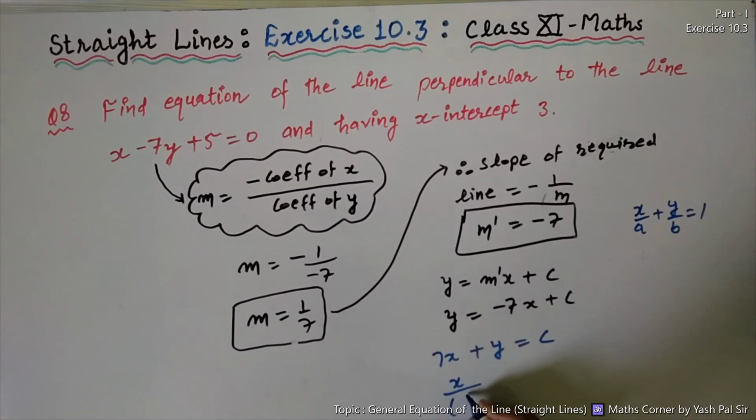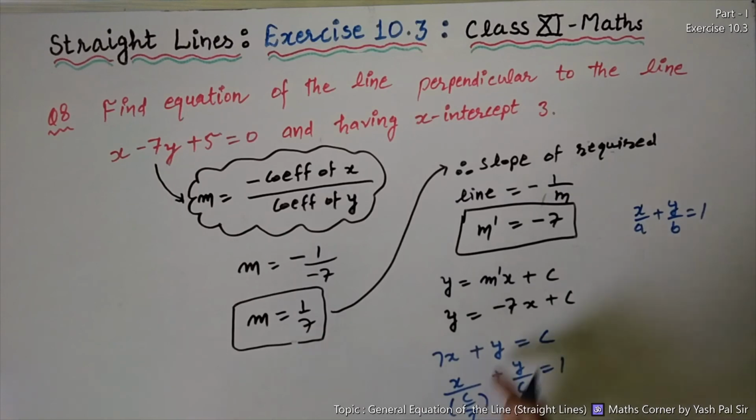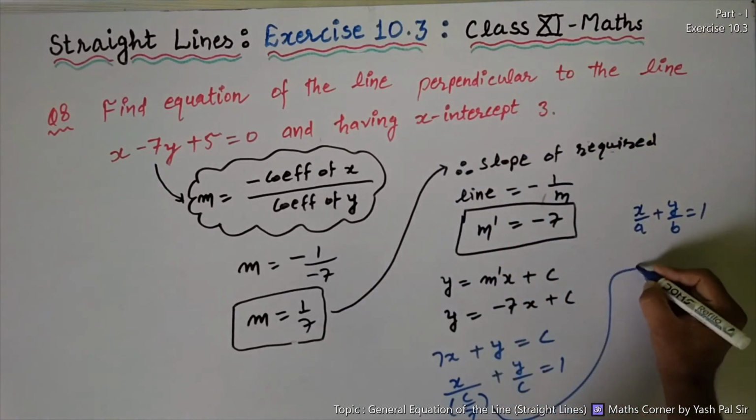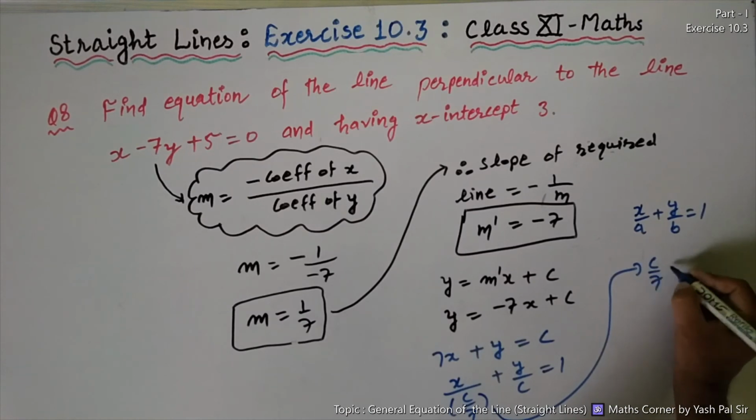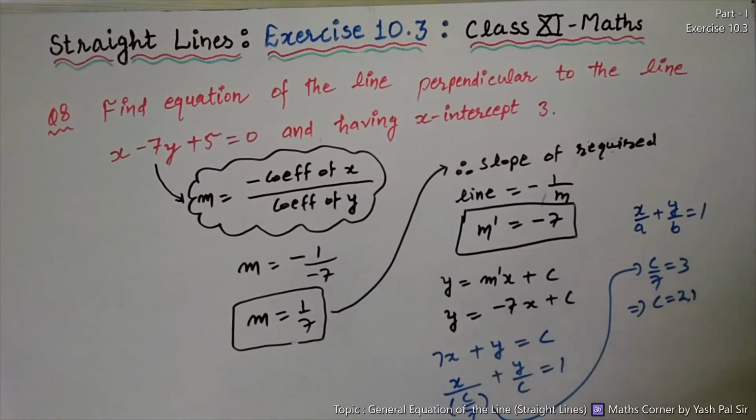So dividing by c, we have x upon c upon 7 plus y upon c is equal to 1, that is, making the right hand side 1. It is given that the x intercept is 3. Here x intercept means c upon 7 is 3, that means the value of c is 21.